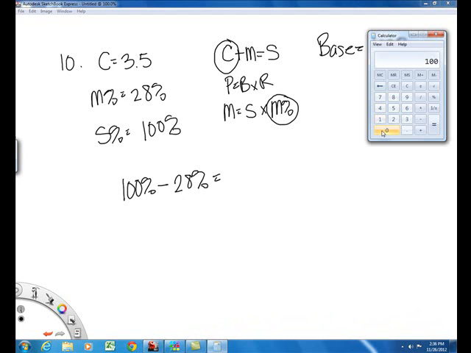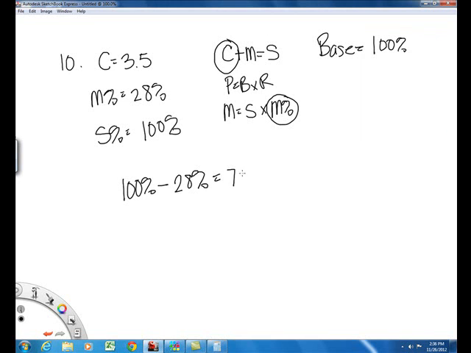So if I sell my basket for 100%, and then 28% of that I don't have to pay for, that means that I only have to pay for 72% of the total selling price. Now that's my selling percent minus my mark on percent, and that equals my cost percent.